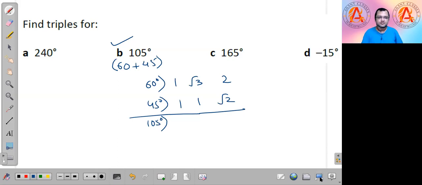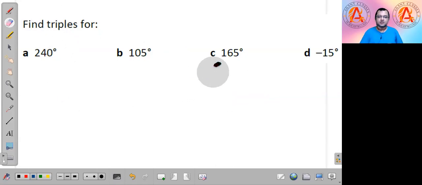Yes, so 1 minus root 3, correct. 1 minus root 3, 1 plus root 3, and 2 root 2. Perfect. Everyone got this answer, no? Clear, no? 1 and root 3 minus, here 1 and root 3, that is plus, and here product 2 root 2. Okay, excellent.